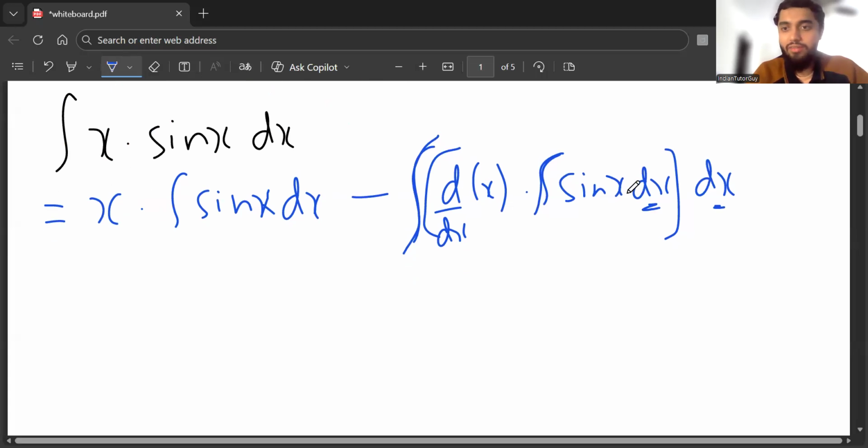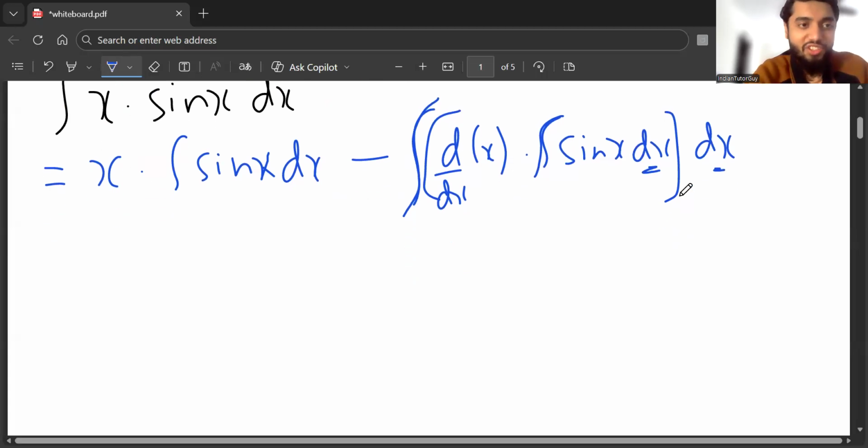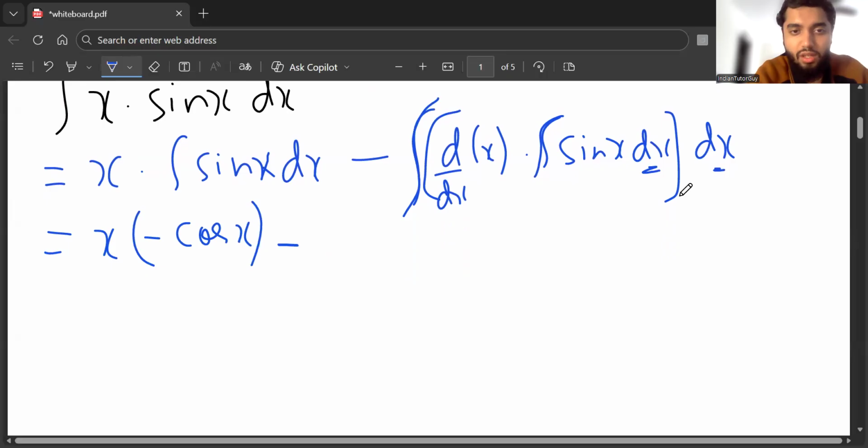Okay, now that we applied the formula, we can go ahead and solve the rest of it. So x and the integral of sine x. The derivative of cosine is negative sine, so the integral of sine would be negative cosine. So that's going to be negative cosine of x, minus, and I'm going to keep that integral symbol there. The derivative of x with respect to x would just be 1.